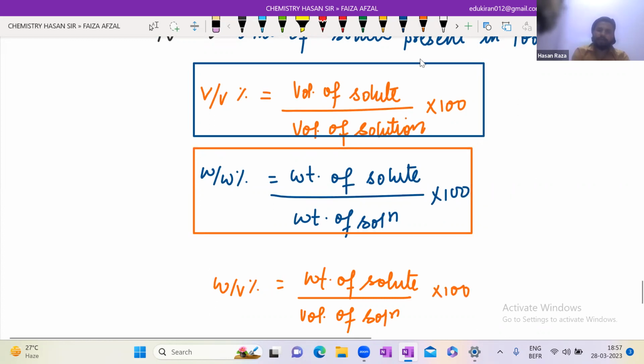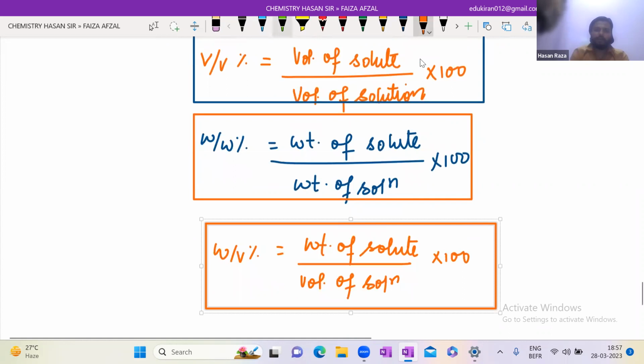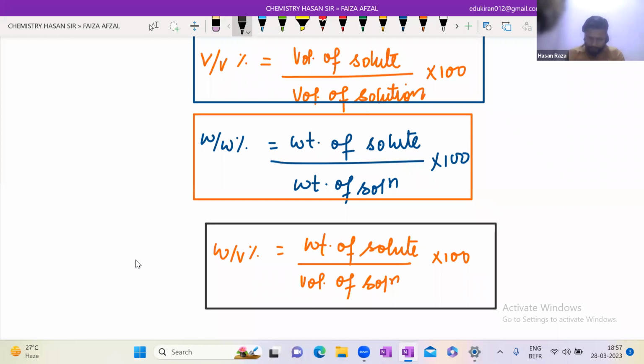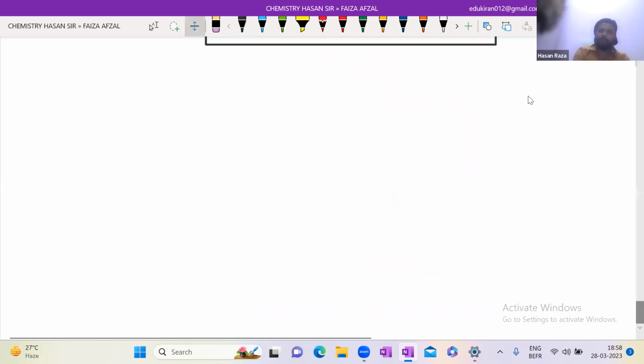So these are the formulas for weight by weight percent, weight by volume percent, and volume by volume percent. Please do let me know so that I will change the slide. Done, sir.